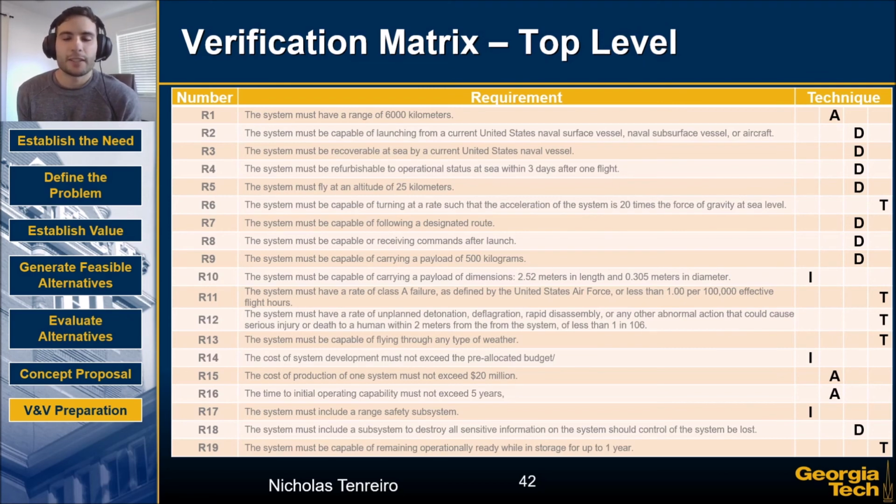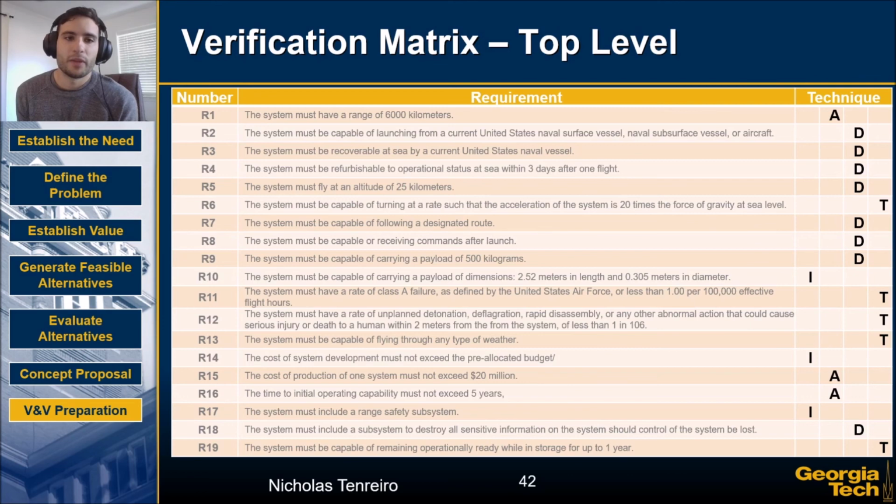As far as testing, G-force tolerance will have to be tested with actual equipment. Failure rates, safety, weatherability, capabilities, storage capability all have to be tested, because one year of storage cannot be demonstrated. A couple of analyses will have to be made.